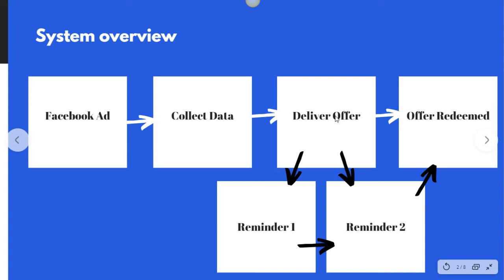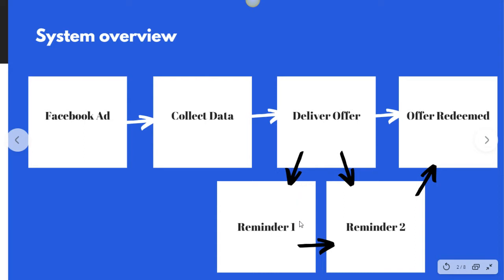And there's going to be some people that get the offer, and then on their own, they're going to go to the restaurant and redeem that offer. Now, with this system, if they haven't been to the restaurant in a certain amount of days, they're going to get a reminder. It's basically saying, hey, don't forget you have this free thing at our restaurant. Come over to the restaurant and use it.